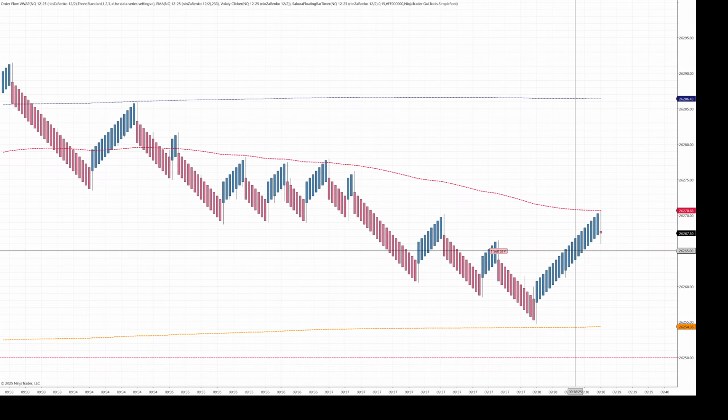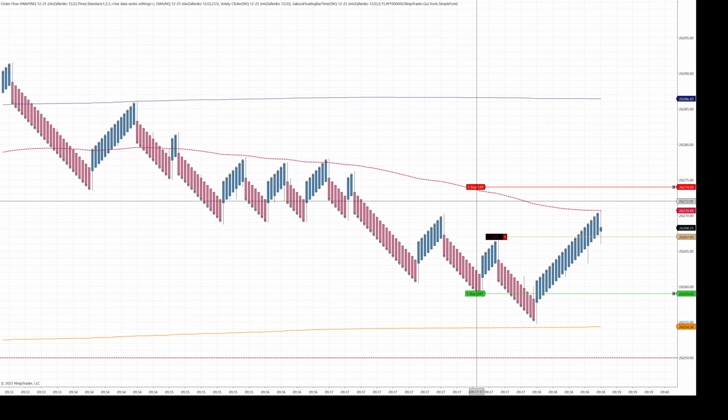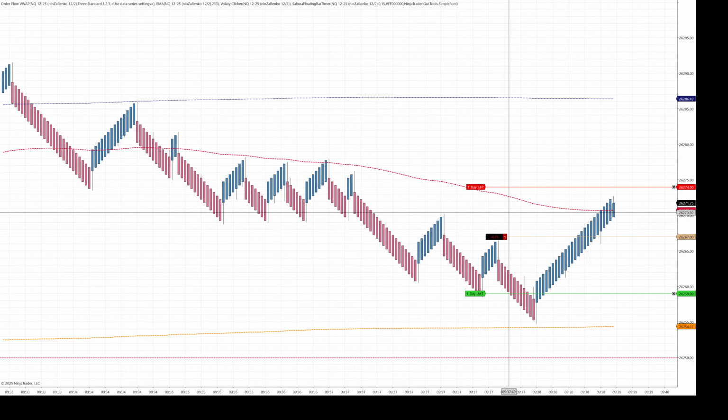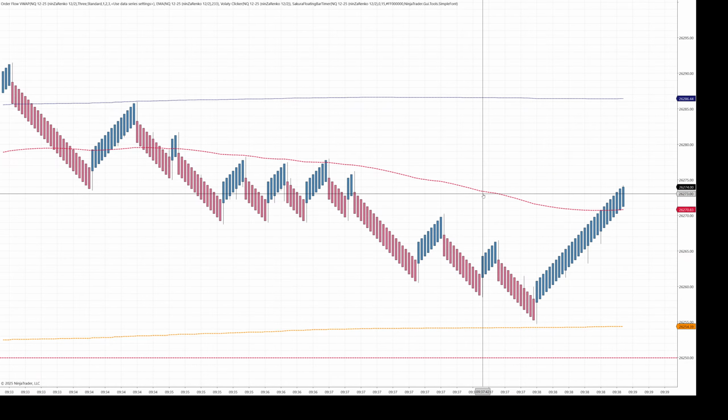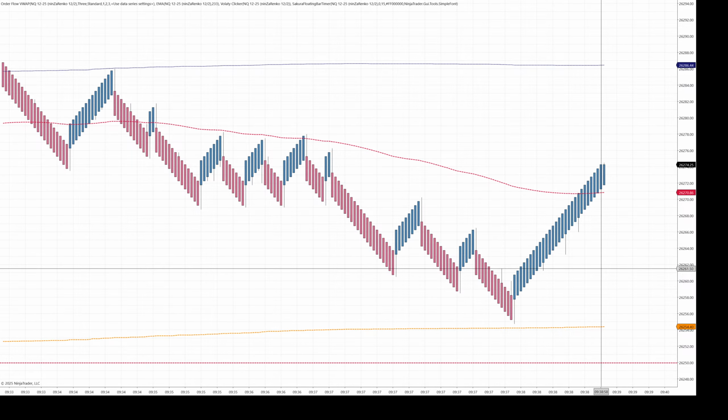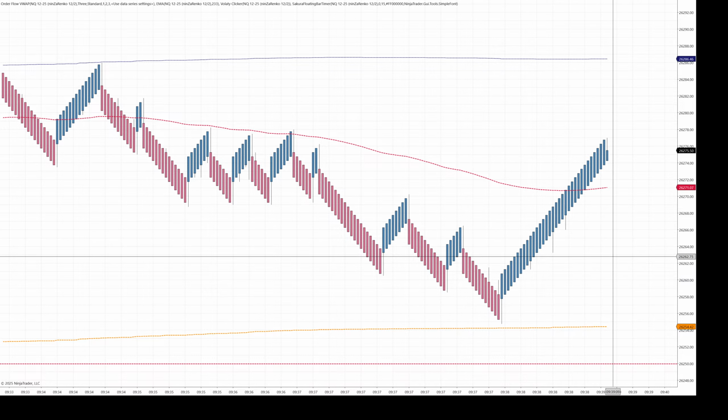We'll see if we can get a reversal here. All right, we need to stop out. Okay, I couldn't get the stop loss in time, so I took a bigger stop loss.